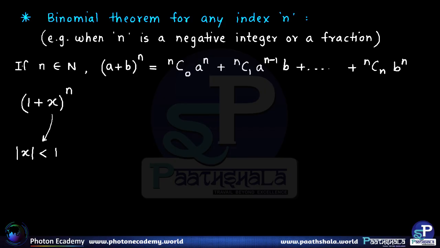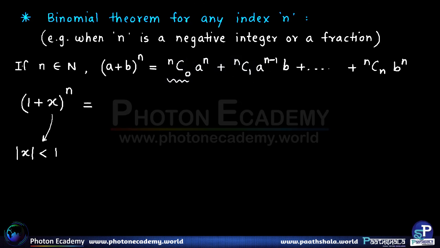So in that case, the expansion is on very similar lines, but the only difference is that we don't specifically mention the binomial coefficients in terms of nCr, because n is not a natural number. So the first term is 1, plus the next term, analogous to nC1, which will be n multiplied with x.